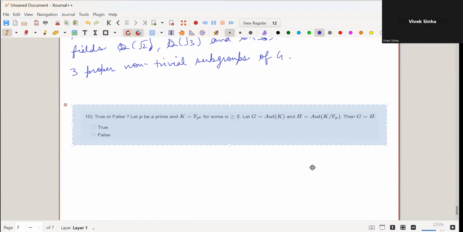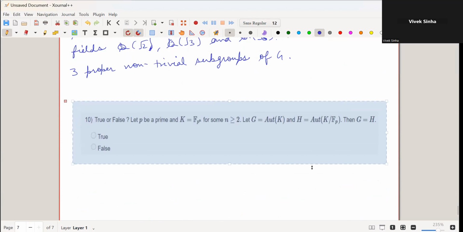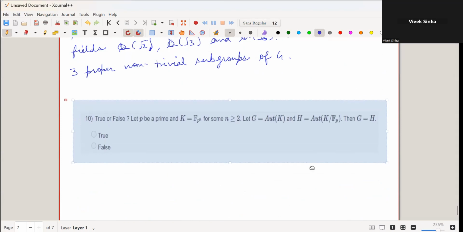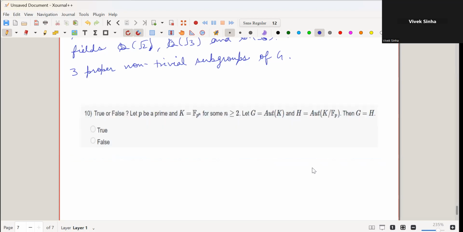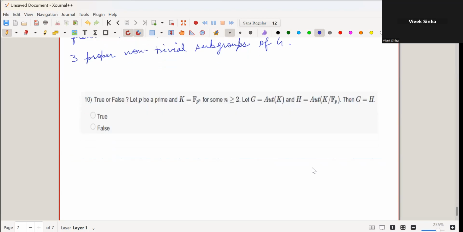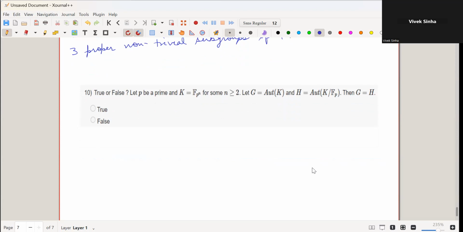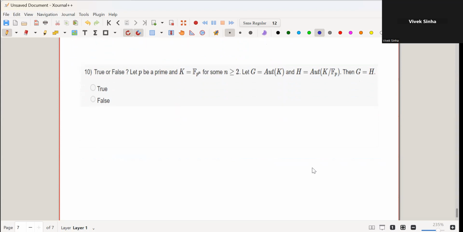Let p be a prime and K be a finite extension of F_p, that is, K is just F_{p^n}. G is the collection of all field automorphisms of K, and H is the automorphisms of K fixing F_p. Then is G equal to H or not? So actually G is equal to H, and that's the solution.